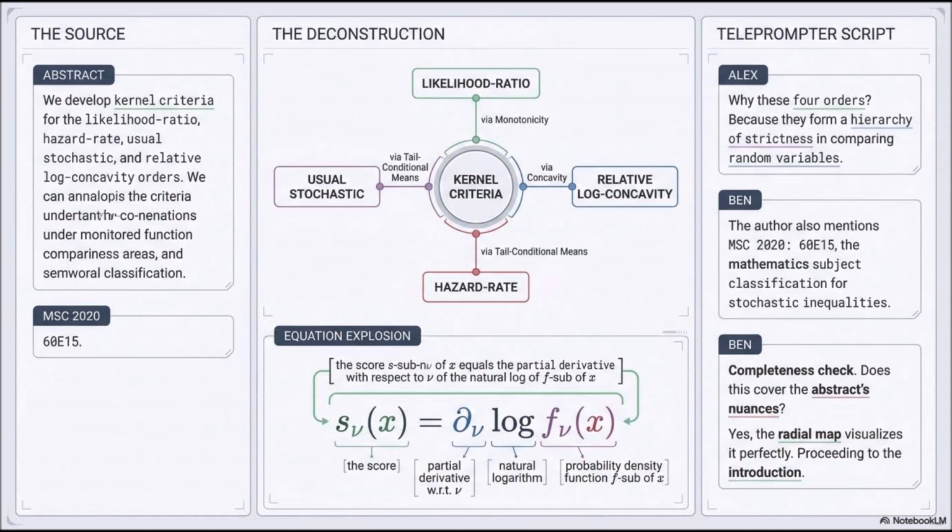Let's separate it into two parts, starting with the logarithm. Okay, let's start there. In probability, you are very often dealing with the multiplication of many, many tiny numbers. If you are trying to calculate the probability of a specific sequence of 100 coin flips, you are multiplying fractions over and over and over. Right, half times a half times a half. It gets microscopically small very quickly. Exactly.